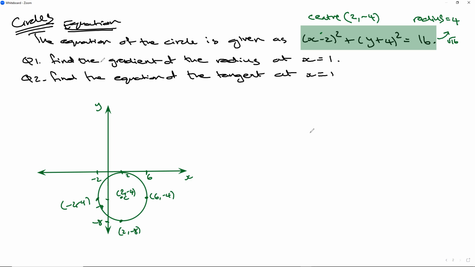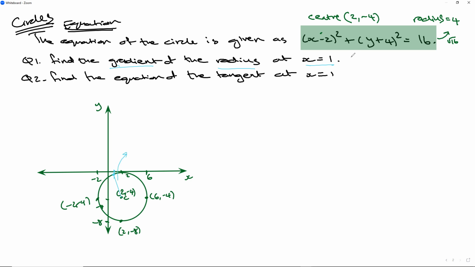So, question 1, find the gradient of the radius at x equals 1. So, at x equals 1, it's going to be over there. And if I put a dot there, I'm going to end up with some kind of radius over there. All right, so that radius over there is what I want to find the gradient of.